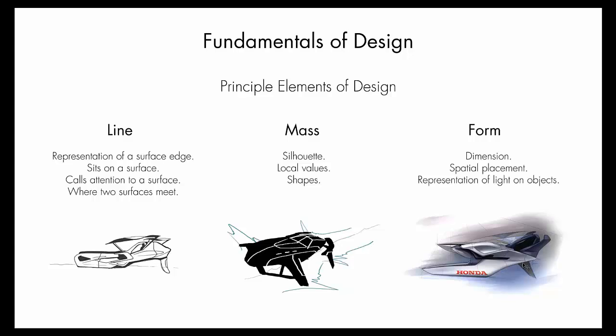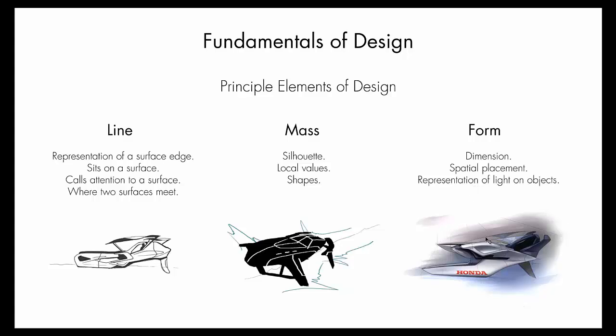You can see the radiuses of these edges. You have an idea of where the light source is coming from. You've got some shadow shapes. You've got some ambient occlusion where the light isn't hitting. And a little bit of line where I'm showing off the contours, and a little bit of mass where I'm blocking out some of these dark shapes. But in general, we've got a form study sketch here.